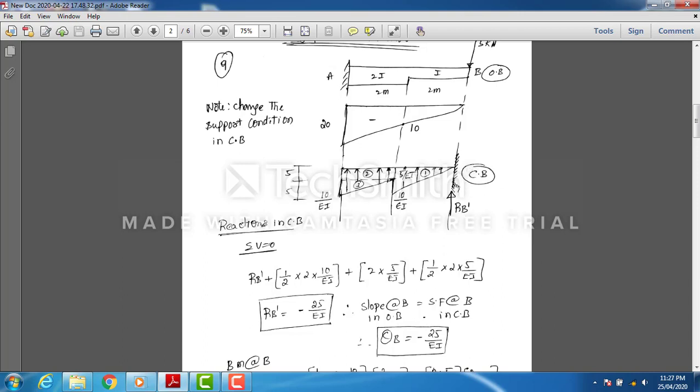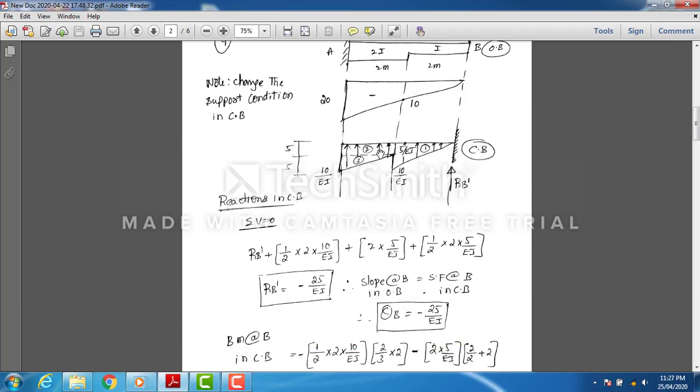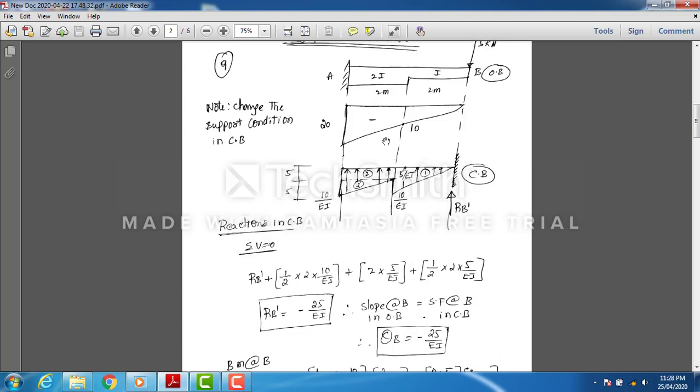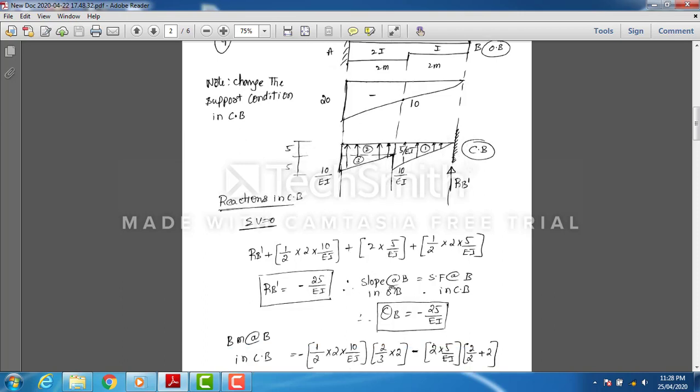RB dash is acting upwards, and this load is also acting upwards, because negative is taken as upwards. So the summation of all the loads gives minus 25 by EI, because all are acting upwards. Once you get the RB dash value, the slope at B in the original beam is equal to the shear force at B in the conjugate beam. So the shear force at B in the conjugate beam is RB dash, equal to minus 25 by EI.